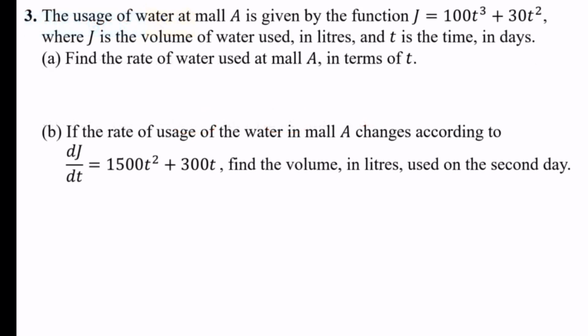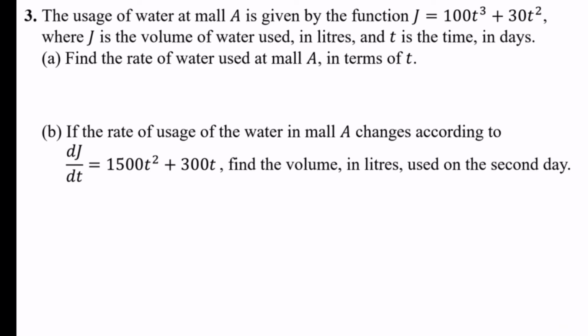Now let's move on to question number 3. The usage of water at mole A is given by the function J equals 100 t cubed plus 30 t squared, where J is the volume of water used in liters and T is the time in days.